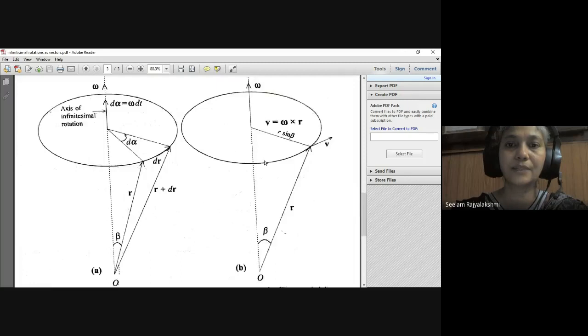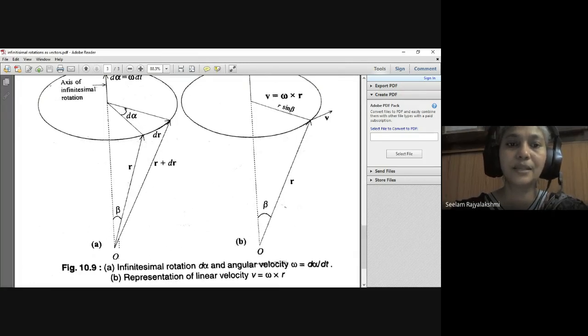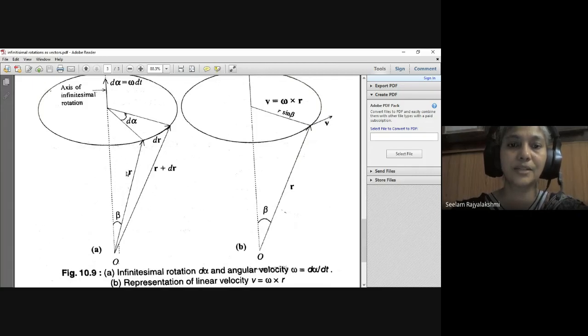From this figure, this is the infinitesimal rotation d alpha and the angular velocity omega, which equals d alpha by dt.